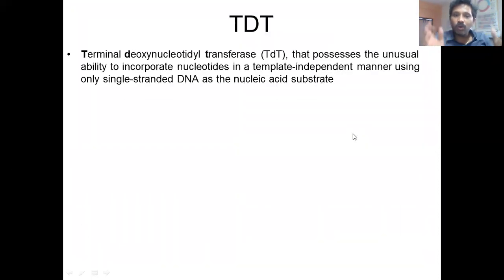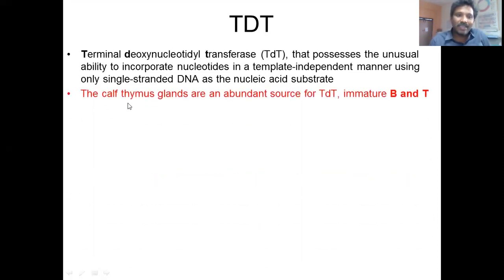So this is what is explained. Now we'll see it with the text. We already spoke about this: terminal deoxynucleotide transferase was first isolated from the thymus gland. It is abundantly present in the thymus, but it is also present in immature B cells and T cells.